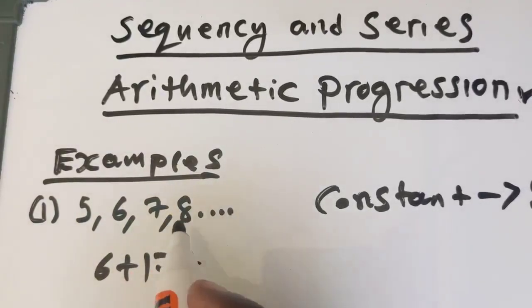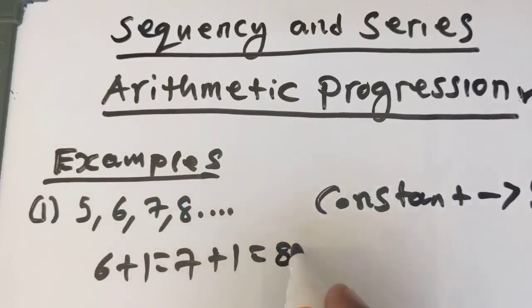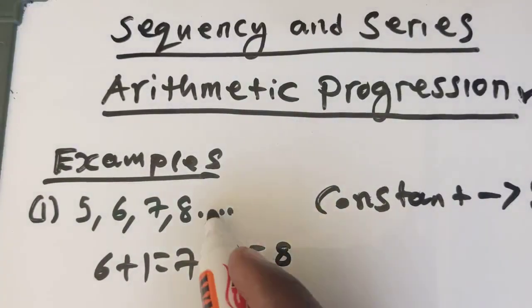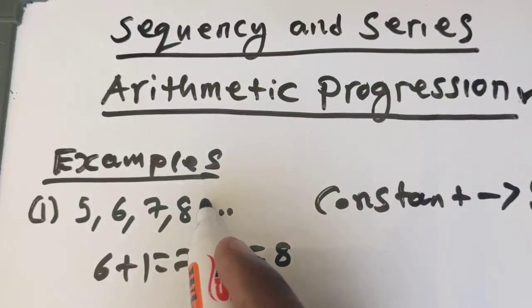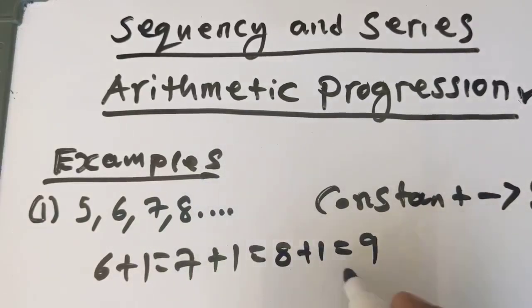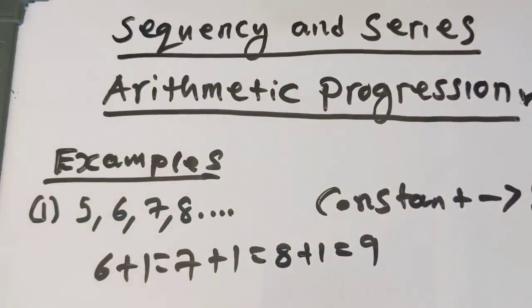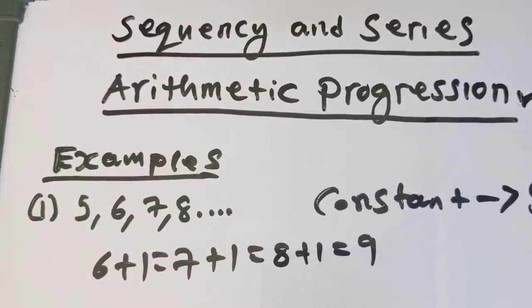For us to get 8, we add 1 again. And to get the next term after 8, we add 1 to get 9. That is what it means as a sequence.